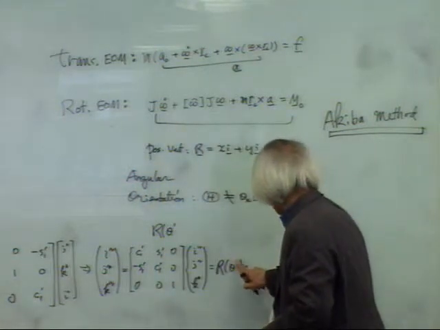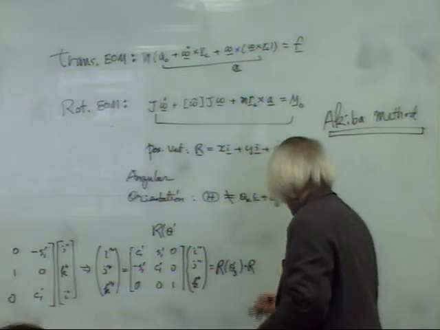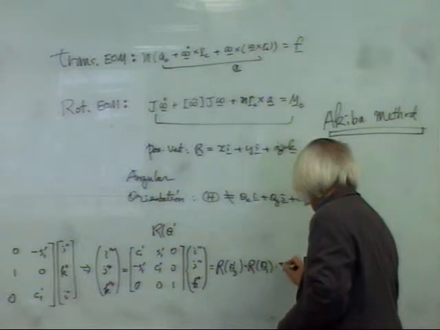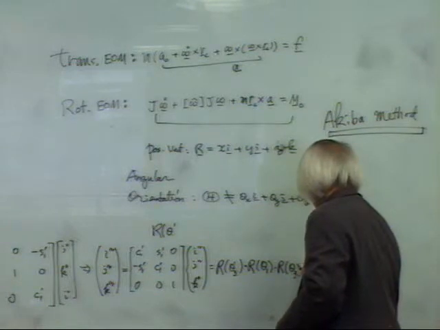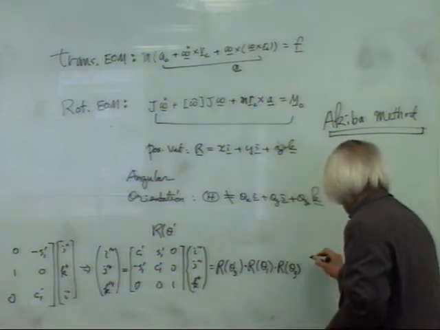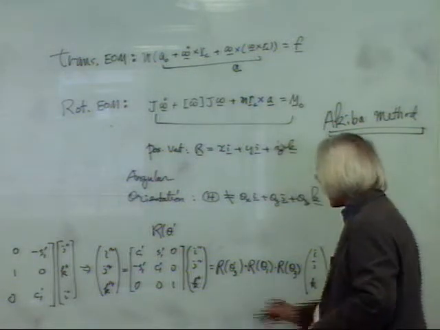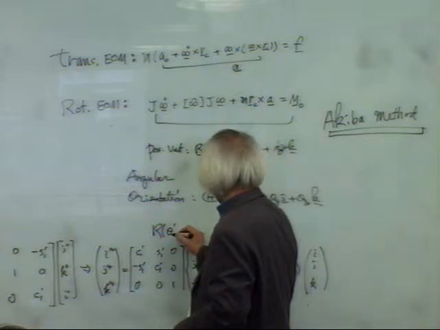So that's theta 3 prime, which was followed by theta 1 and R theta 3. And then that will be I, J, K. So this is all theta 3 prime.